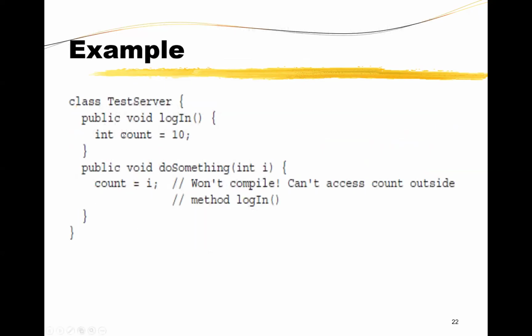Now here you can see there's a variable called count equals 10. Inside another method called do something, if you try to assign a value to the count, it won't work, because the count variable is no longer available after the login method finishes, because it is declared as a local variable inside that method.